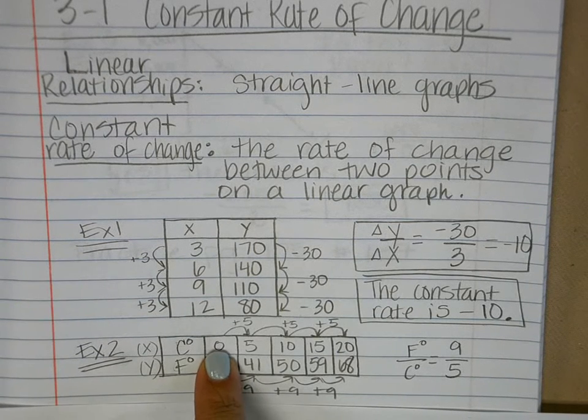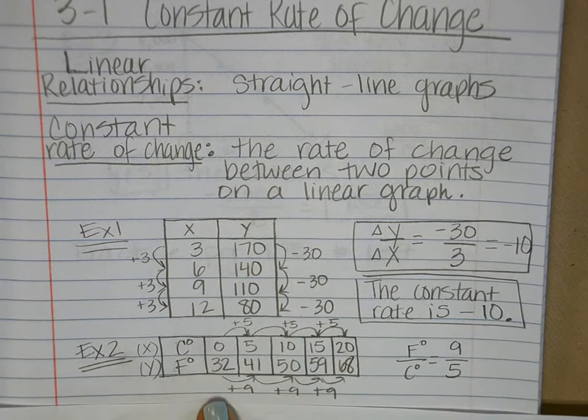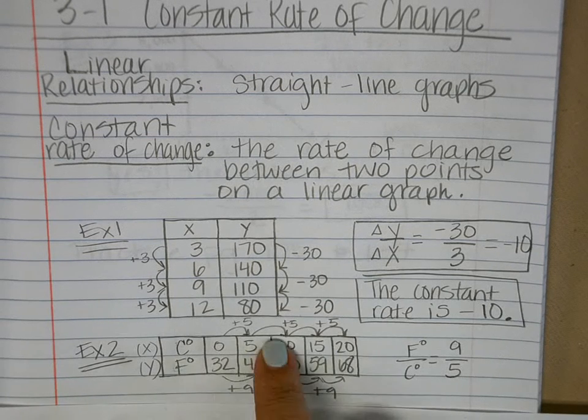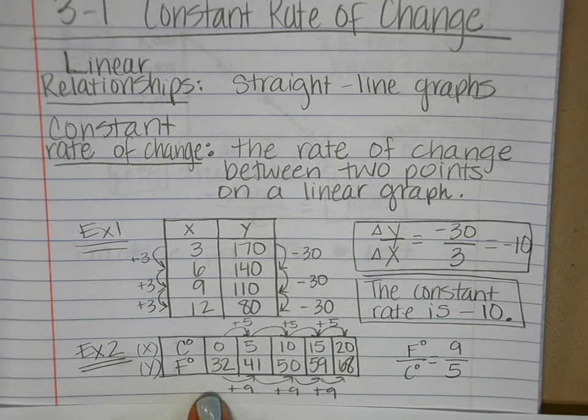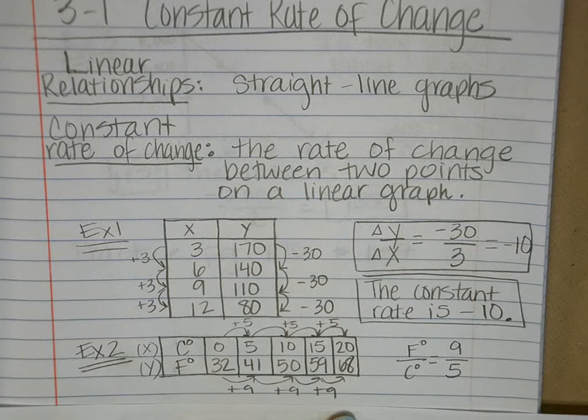When it's 0 Celsius, it's 32 Fahrenheit. You might know this from science. Hopefully. When it's 5, it's 41. When it's 10, these are all degrees, okay? So as my Celsius goes up by 5, my Fahrenheit goes up by 9.